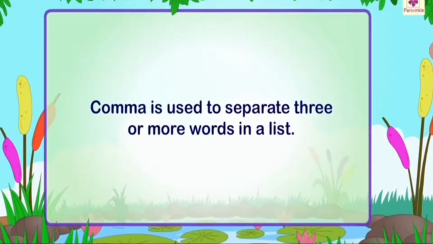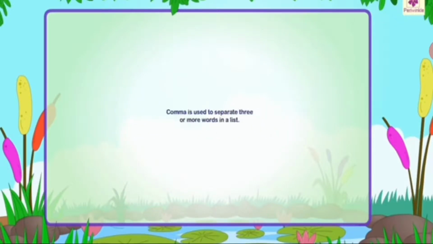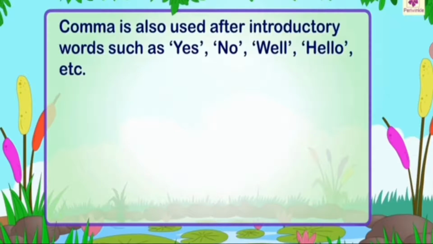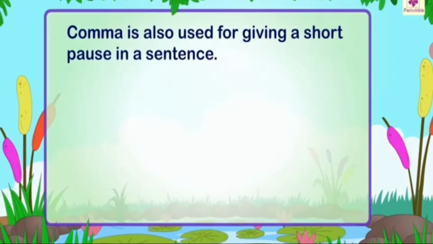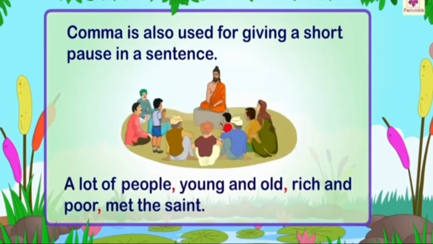Thus we say, comma is used to separate three or more words in a list. Comma is also used after introductory words such as yes, no, well, hello, etc. For example, hello, how are you doing? It is also used for giving a short pause in a sentence. For example, a lot of people, young and old, rich and poor, met the saint.